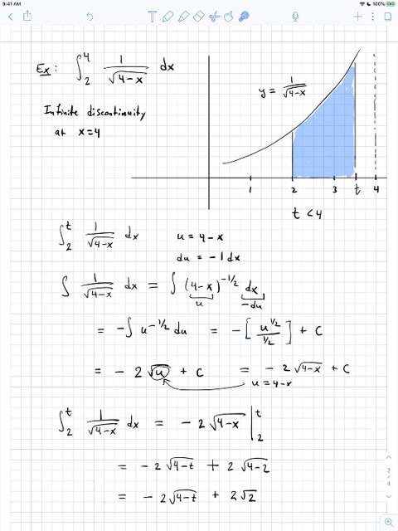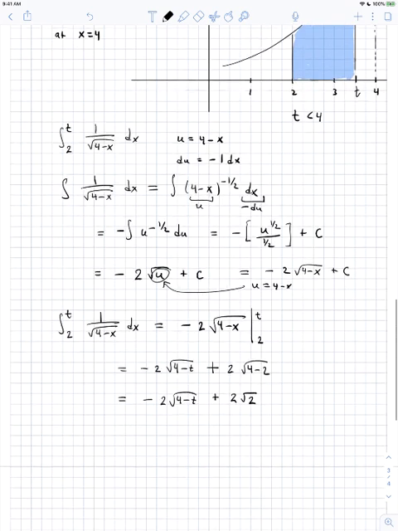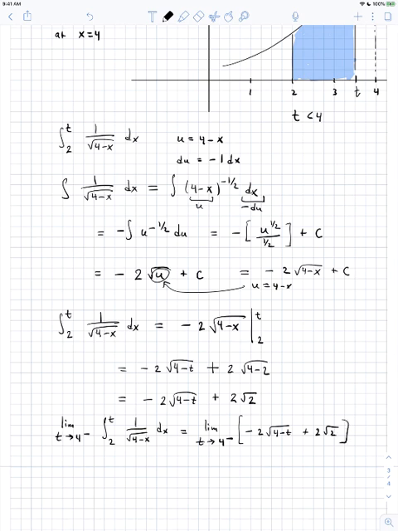Well, what happens as t gets close to 4? The limit as t gets close to 4 from below of the definite integral from 2 to t of 1 over the square root of 4 minus x dx is the limit as t goes to 4 from below of minus 2 square root of 4 minus t plus 2 square roots of 2.